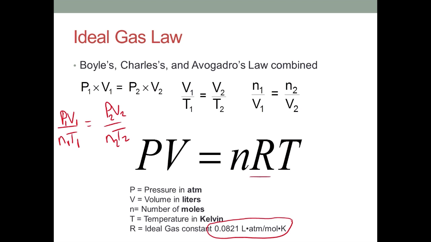If we have constant pressures, these pressures are going to drop, and the constant number of moles is going to drop, and we're going to be left with Charles' law. And then you should be able to see the same thing for Avogadro's law. So instead of trying to remember each individual law, you can just remember the combined gas law, and that's going to include all of them in one.